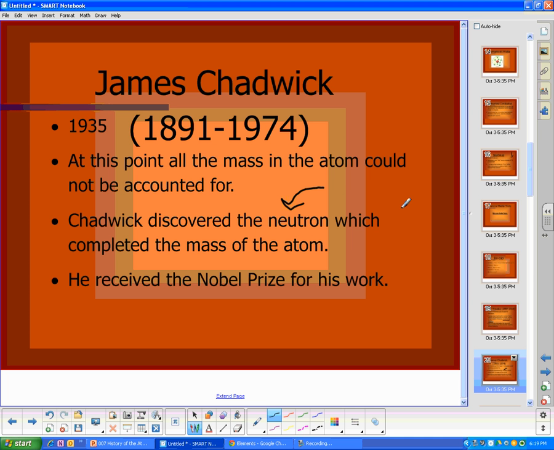In 140 years, we started with atomic theory, and by about the time of the Second World War, we were really starting to get a good idea of what atoms were actually composed of. And it's this work, unfortunately, that led to some of our decisions in the 1940s and 50s, but we'll talk about that on Monday.